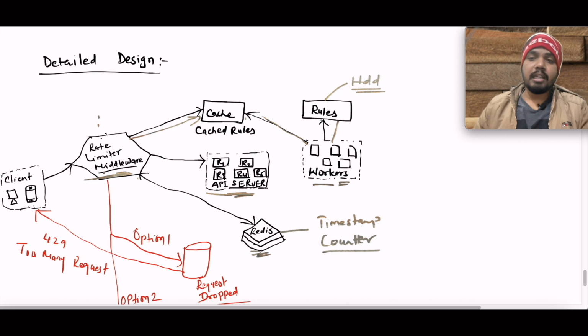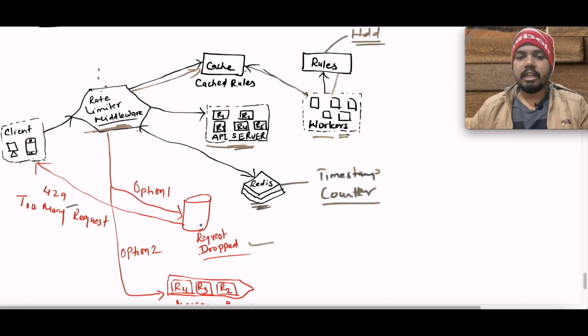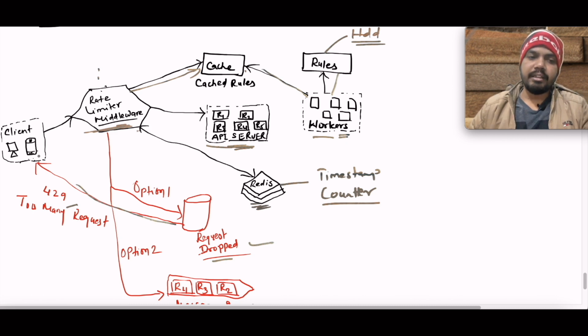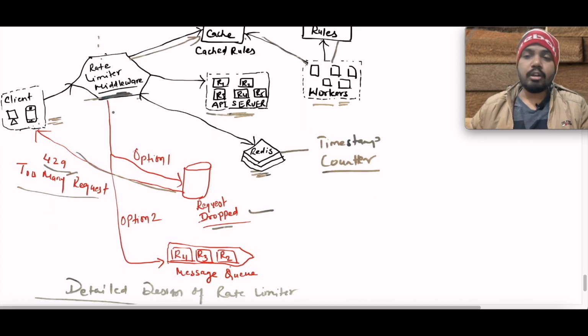Whenever the rate limiter drops a request, meaning any request is rate limited, we have two options. Option number 1 is it will drop the request and send back the response code to the client, and the response code will be 429. It means too many requests. What is option number 2? Whenever any request is rate limited, the rate limiter can choose option number 2.